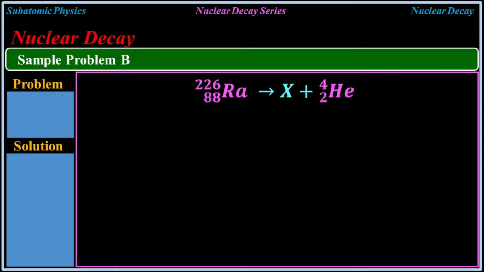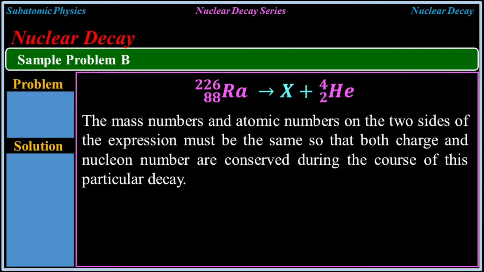You're simply going to use a little bit of basic math. The mass numbers and atomic numbers on the two sides of the expression must be the same so that both charge and nucleon number are conserved during the course of this particular decay. So you're simply going to subtract 226 minus 4 and 88 minus 2.